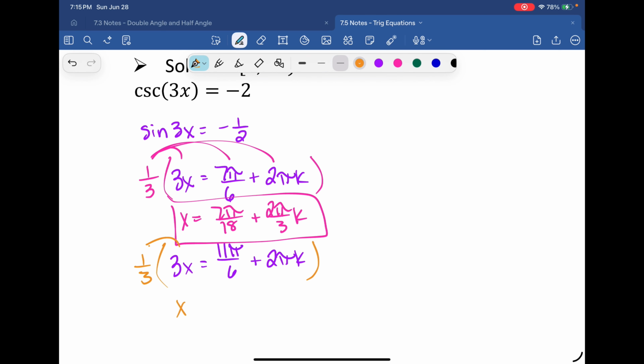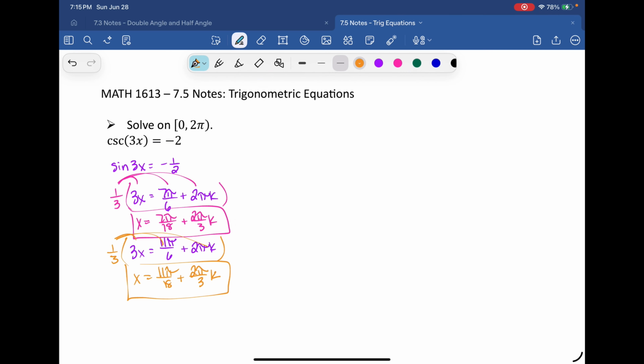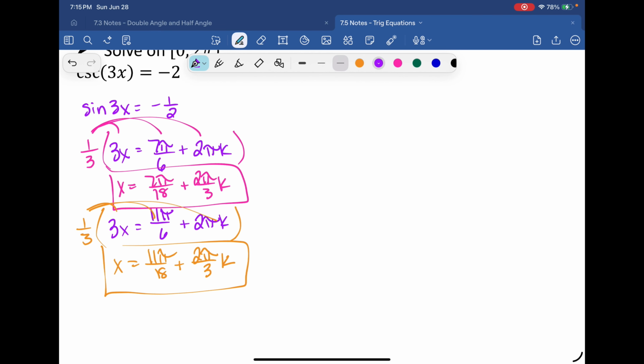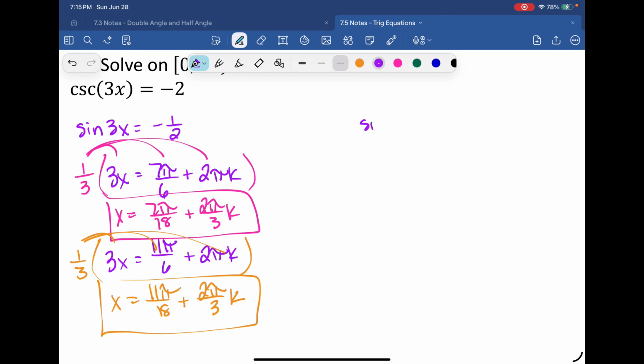Distribute. 11 pi over 18. Distribute. Those give me all solutions. It's not asking for all solutions. It's asking for the answers between 0 and 2 pi. So I'm going to go back to this.